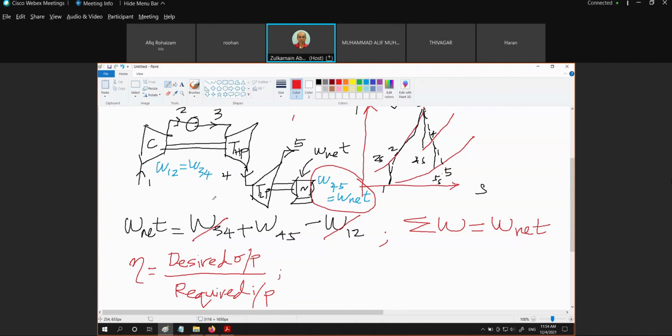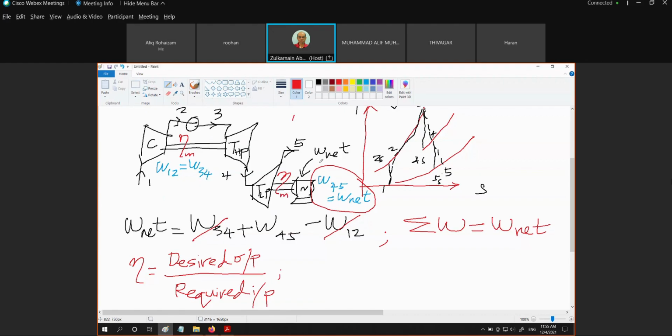So from the turbine high pressure running the compressor, if there are losses, then we are going to put the losses in terms of this mechanical efficiency.